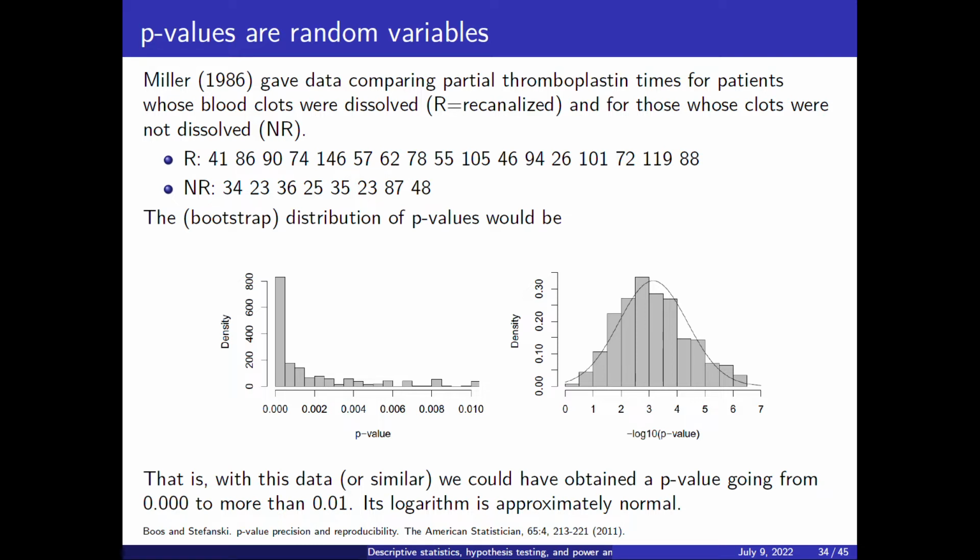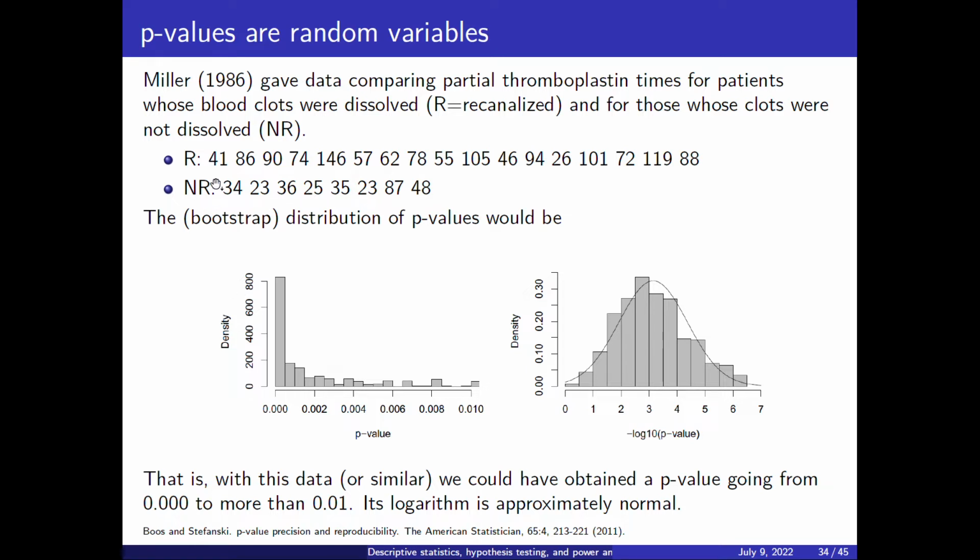Let's say this example. In this paper here, they were comparing the partial thromboplastin times for patients whose blood clots were dissolved, that is recanalized, and for those whose clots were not dissolved, that they call non-recanalized.